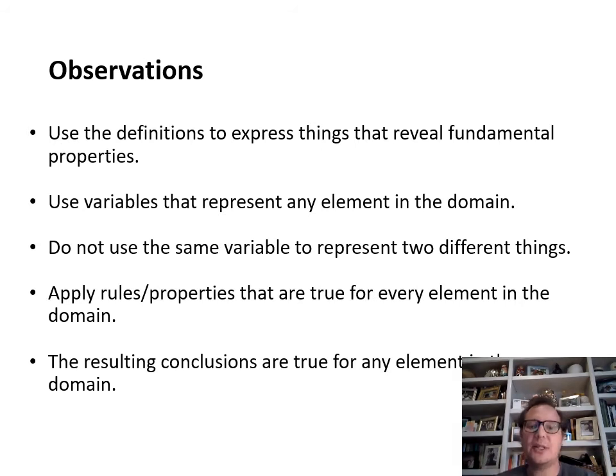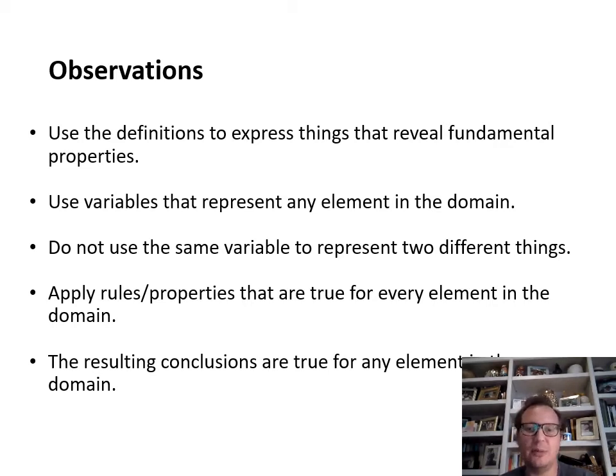So some observations here. We already covered this in part 1, but I want to repeat them because I think they're important. When you're starting your proof, use the definitions to express things that reveal fundamental properties about your hypothesis. Use variables that represent any element in the domain, such as integers. And do not use the same variable to represent 2 different things.